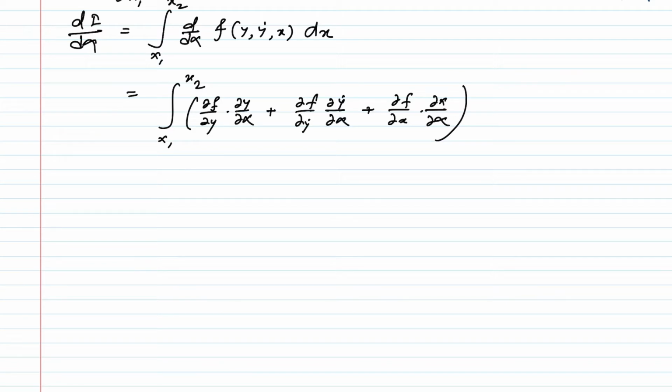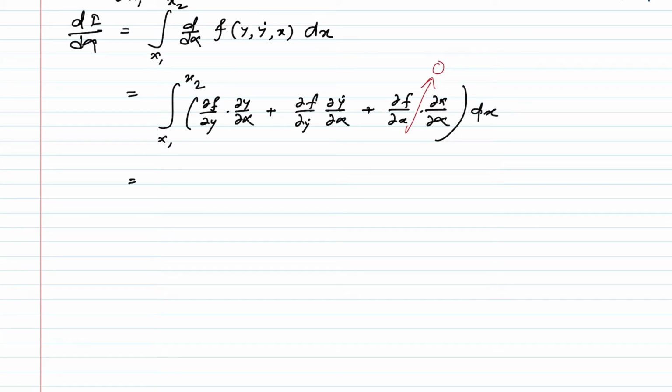It is clear that del x by del alpha is going to be equal to 0, because here you can see x doesn't depend on alpha, but these 2 remaining terms are non-zero, as y depends on the variation alpha.